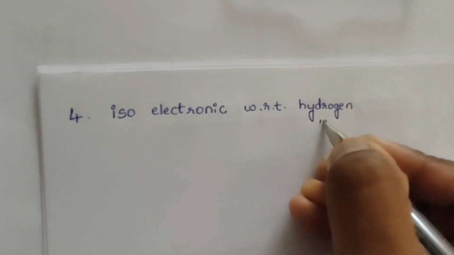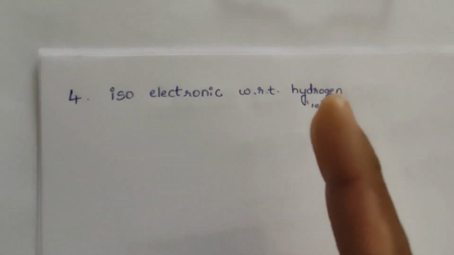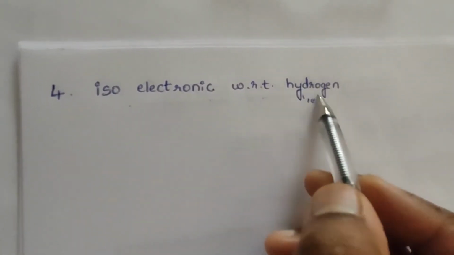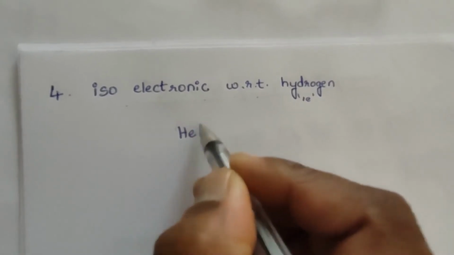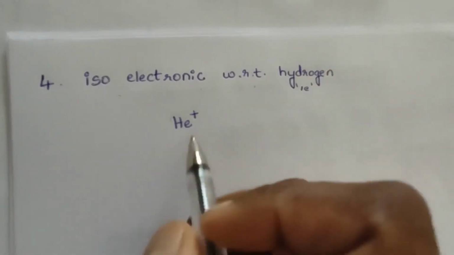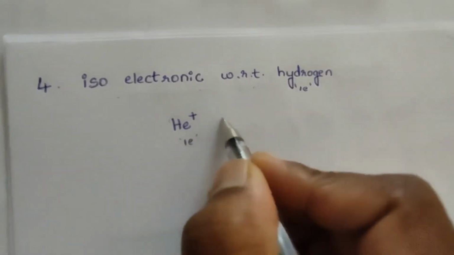Hydrogen has one electron. Those species which have only one electron in them are considered isoelectronic with respect to hydrogen. Suppose helium ion: generally helium has two electrons, but if it acquires one positive charge, it has only one electron.